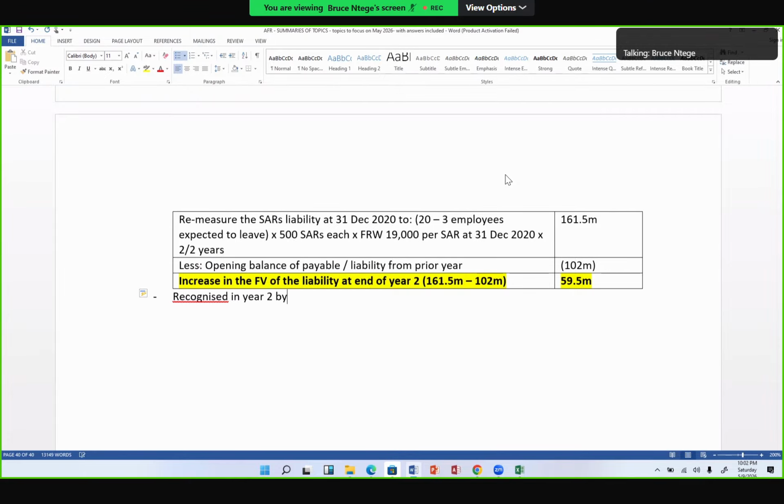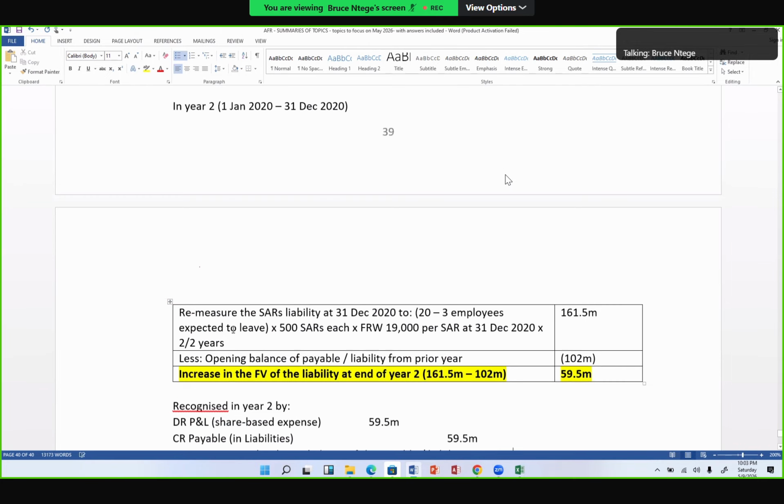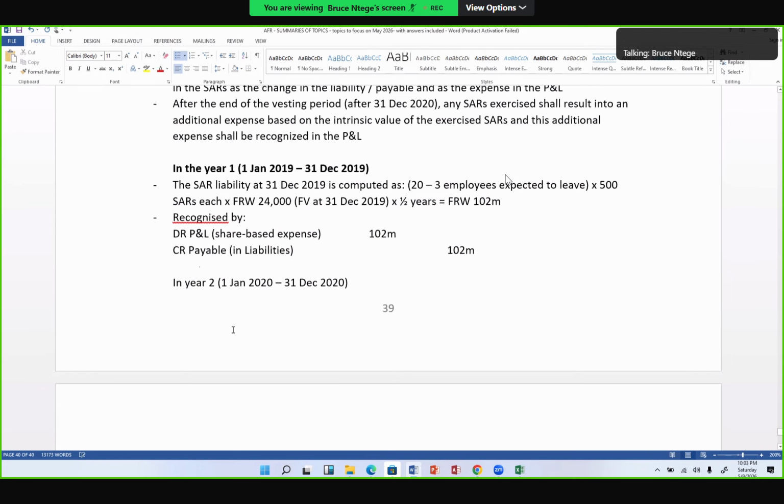So therefore, at the end of year, at 31st December 2020, the closing balance of the liability, the payable or liability, is 161.5 million. We have remeasured it to 161.5 million. So that's year 2. Remember, they've told me to go up to December 2022, so I'm going up to the end of year 2.